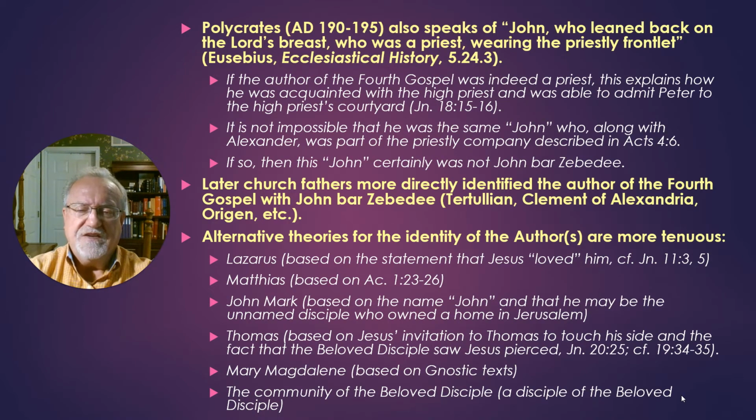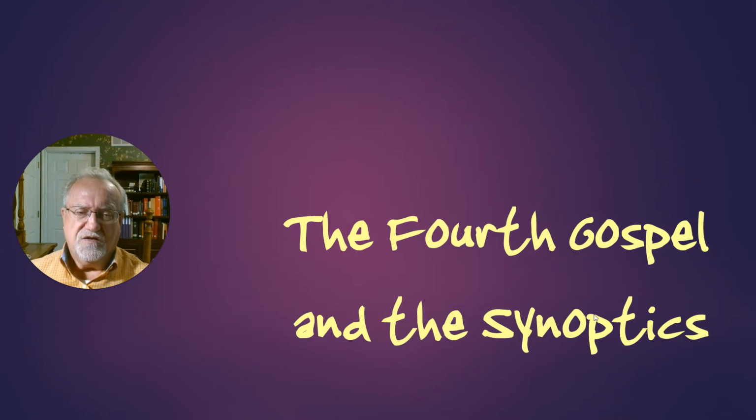In fact, all of these alternative theories, I think, are rather weak. The 2 strong candidates are John, the son of Zebedee, and John the elder, both of whom are named John, and there are arguments on both sides. So that's basically what you have in terms of the authorship of the 4th gospel and the way that scholars are treating it.